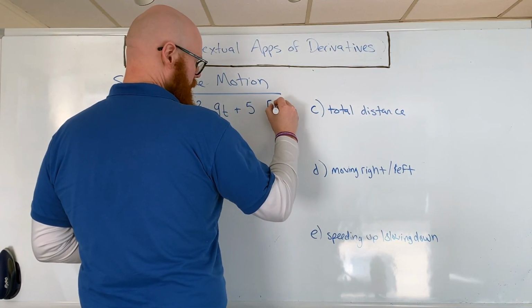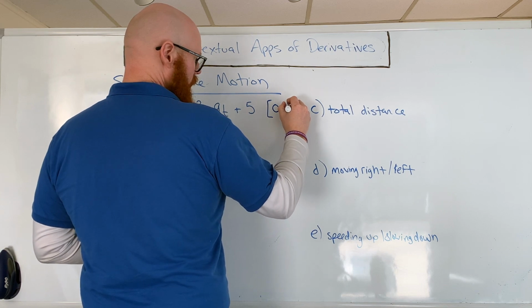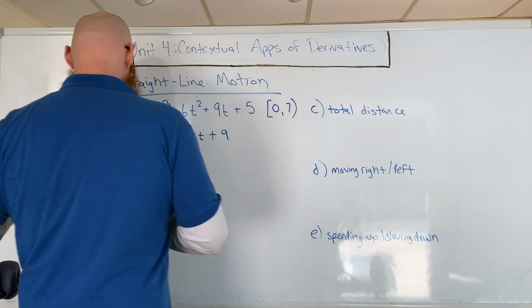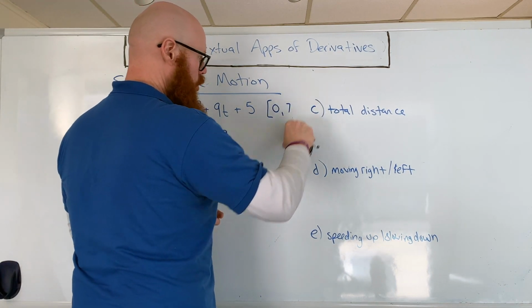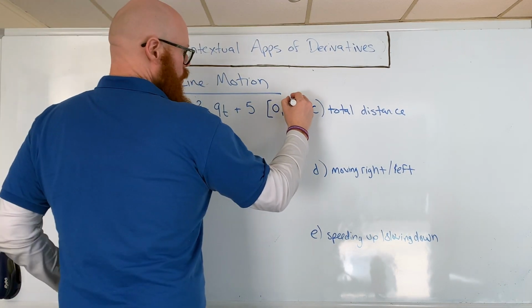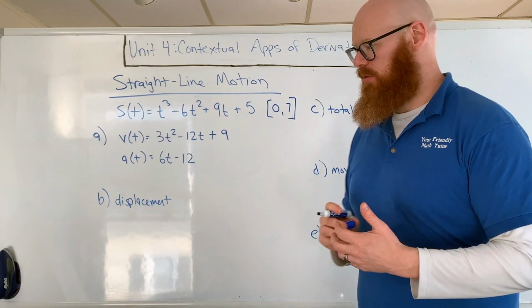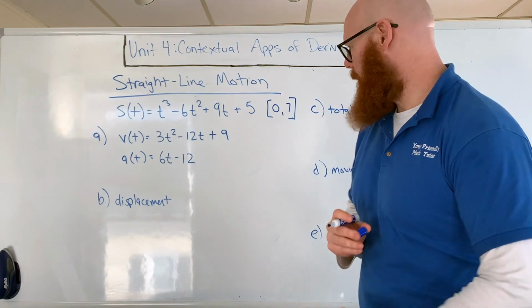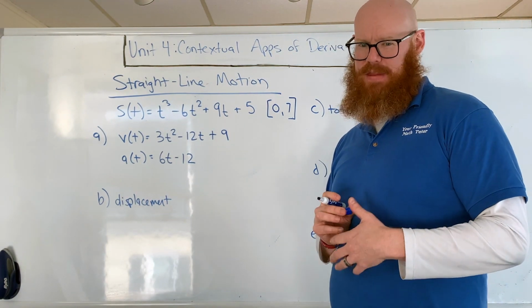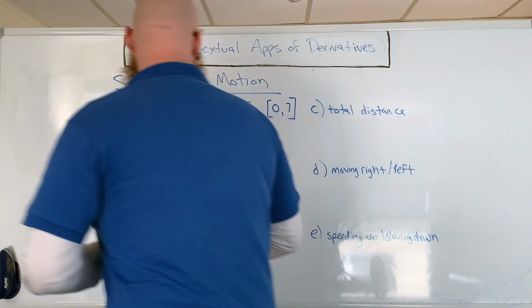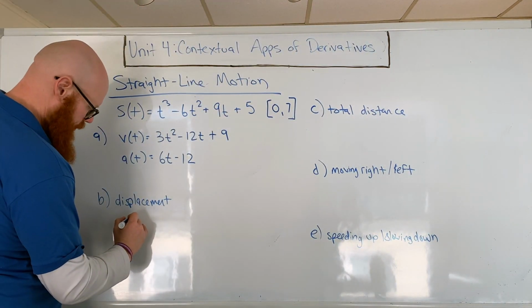So let's say we're just looking at from 0 seconds to 7 seconds. Well, let's make sure we include that. So we want to kind of take a look at, well, during that first 7 seconds, where did this particle end up relative to where it started, right? So that's its displacement.